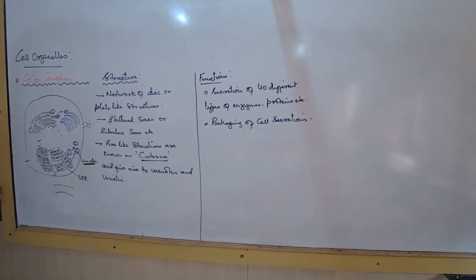Why should it move towards the Golgi? Whatever molecules the rough or smooth endoplasmic reticulum produce, they are not directly ready for any function. They have to be processed and packaged first. So where will the processing and packaging be done? In the Golgi.